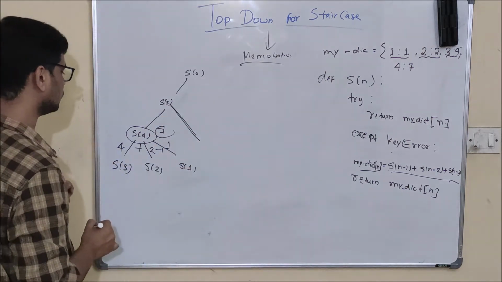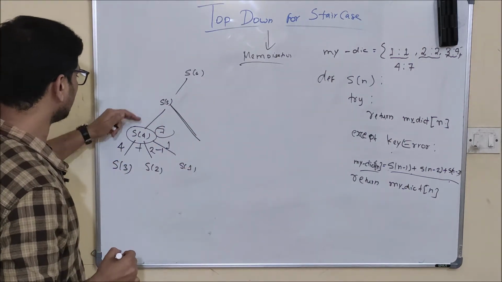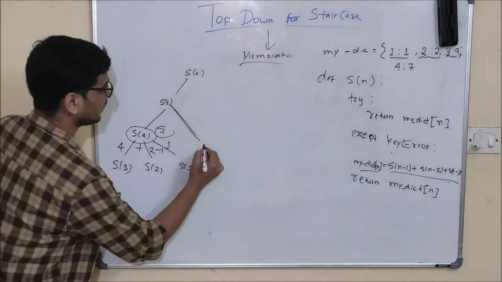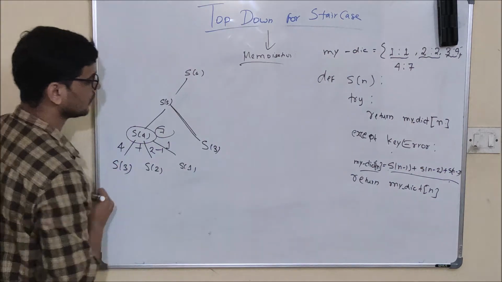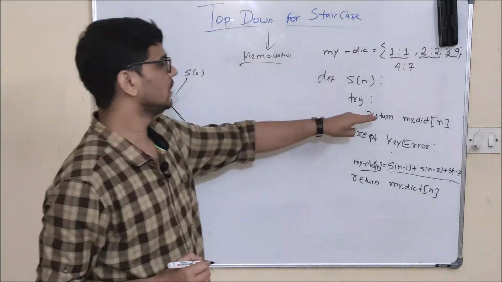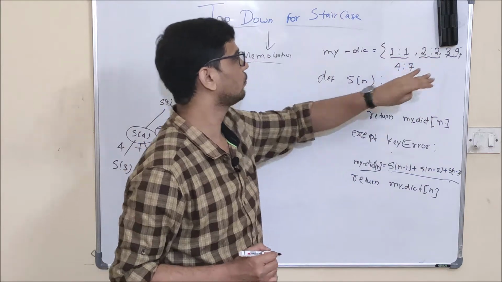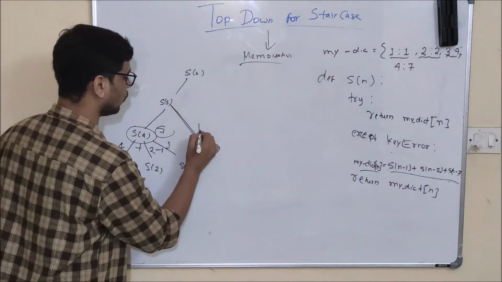Now what will S of 5 do? S of 5 has now got the value of S of 4. Now it will call S of 3. S of 3 will be successful in returning its value from here, and it will return 4.